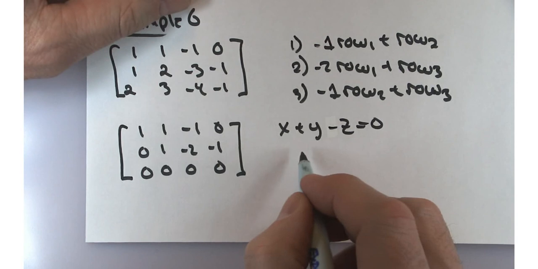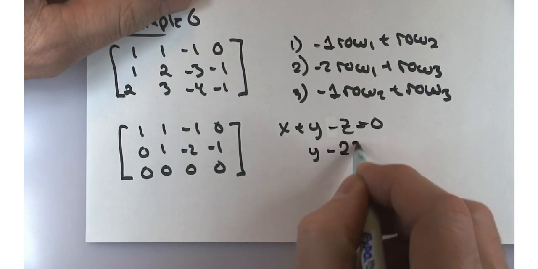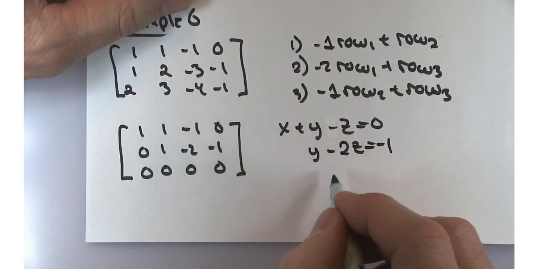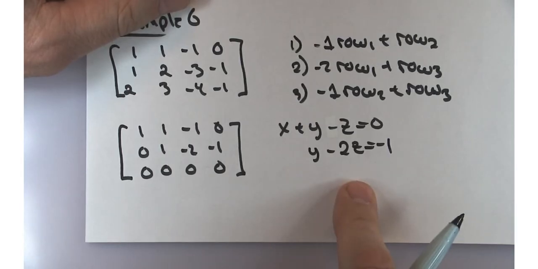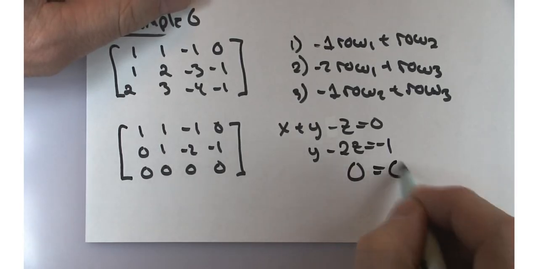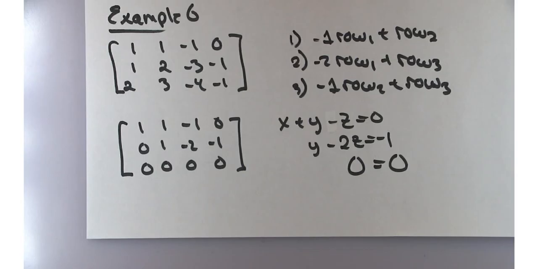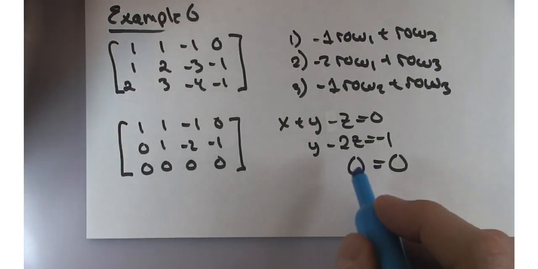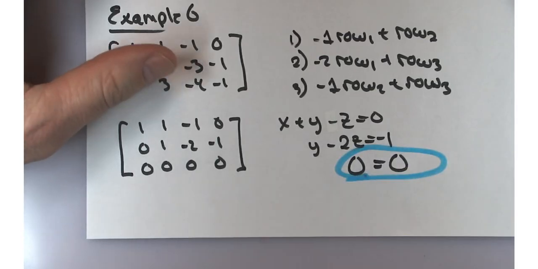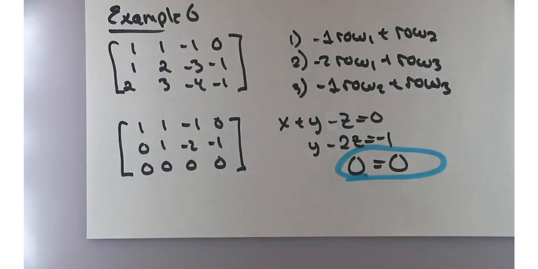And then y minus 2z equals negative 1. What's this last equation saying? 0 equals 0, which is kind of strange. But is 0 equals 0 true? It's true. So what do you think this says overall about our system of equations?